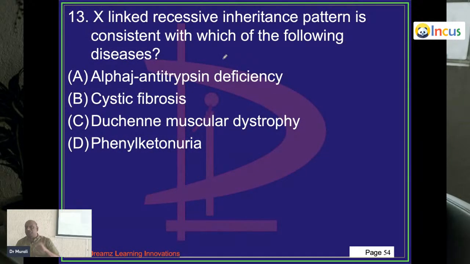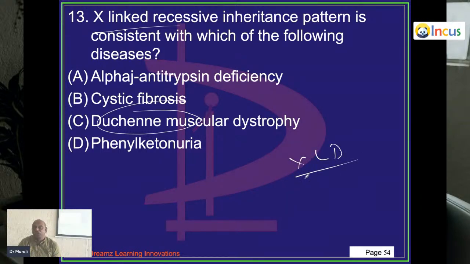Duchenne muscular dystrophy. What is the type of inheritance? There are 5 or 6 conditions which are X-linked recessive, color blindness, etc. So DMD is X-linked recessive inheritance. There's only one condition that is X-linked dominant. Do you know what that is?